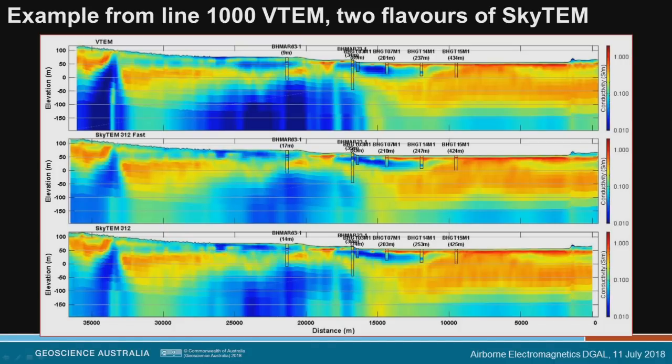So we fly this and then we model. We don't rely on what they've said. We have prior information like passive seismic and downhole bores. And I'll just show you a brief example. Remember, blues are resistive areas, crystalline bedrock. This is a lake, the Menindee Lakes, which has been an important part. And what we have is three different instruments, or two flavors of one instrument and a different instrument.